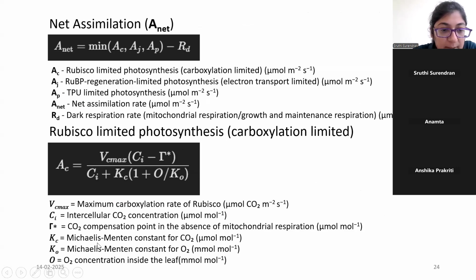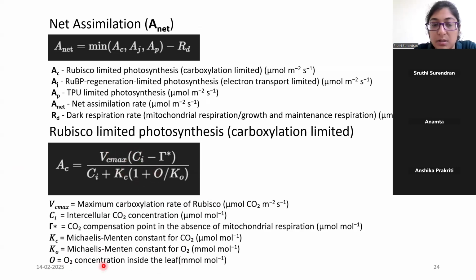Kc is called the Michaelis-Menten constant for carbon dioxide, and K naught is the Michaelis-Menten constant for oxygen. O is nothing but the oxygen concentration inside the leaf. So we know what the maximum carboxylation rate of Rubisco is, the rate at which carbon dioxide fixation is happening. We know the intercellular carbon dioxide concentration, and we know what O is.